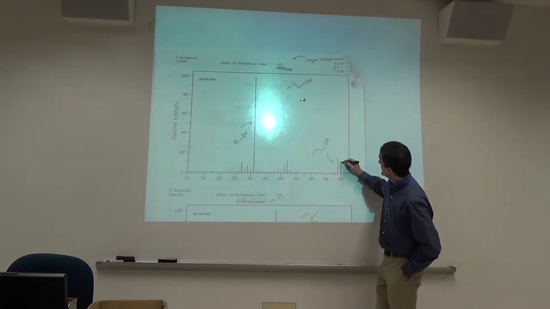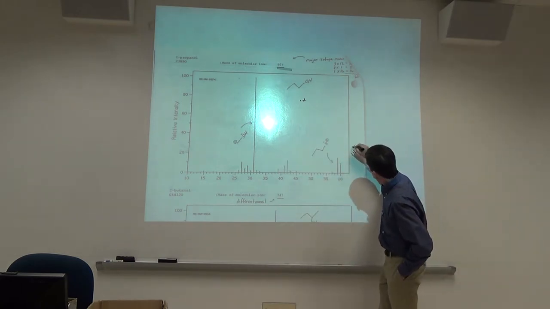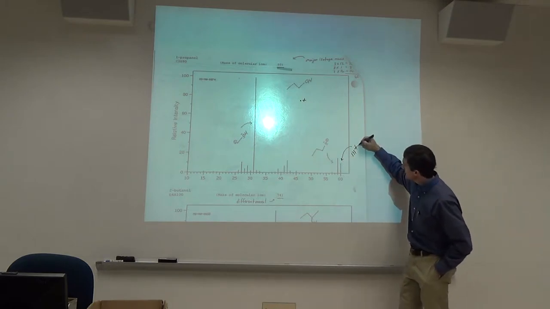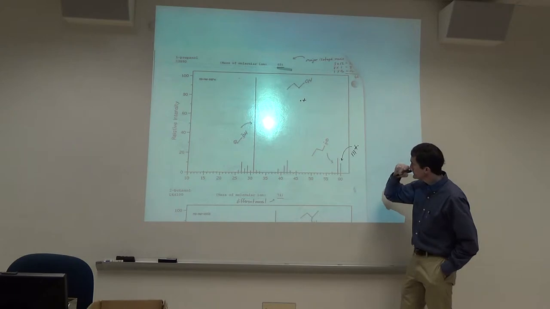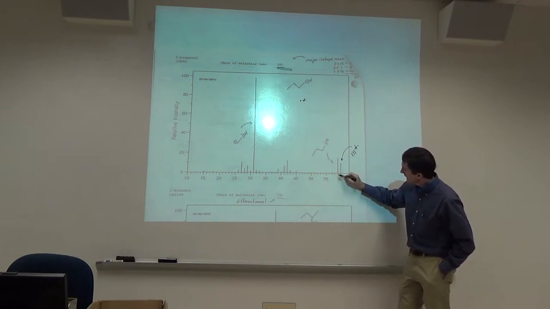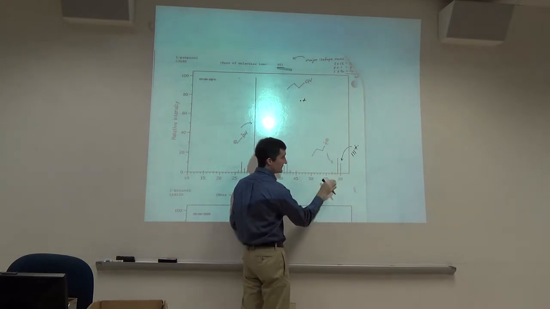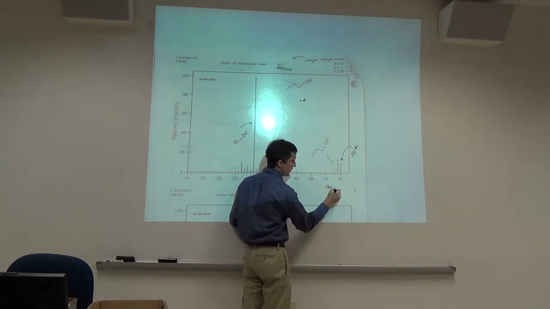This is the molecular ion. This would be called M+. It's actually a radical cation, but often it's just called M+. This peak is at 59. That means the mass is, we can say, M-1. That makes sense.